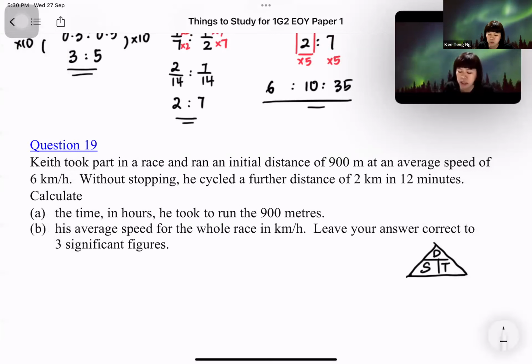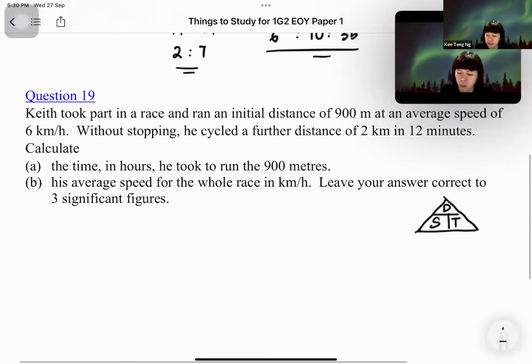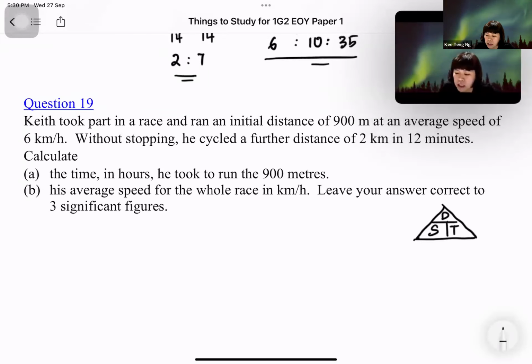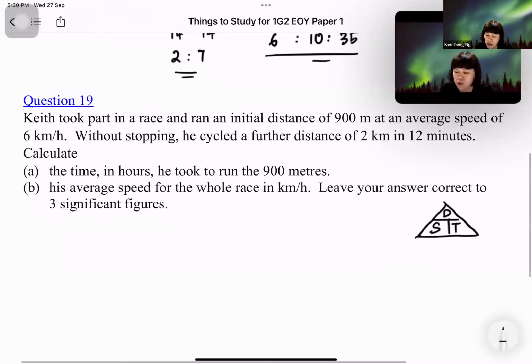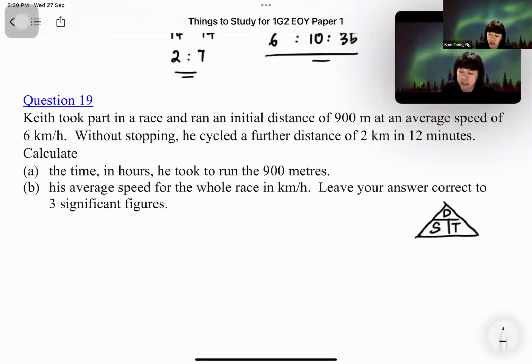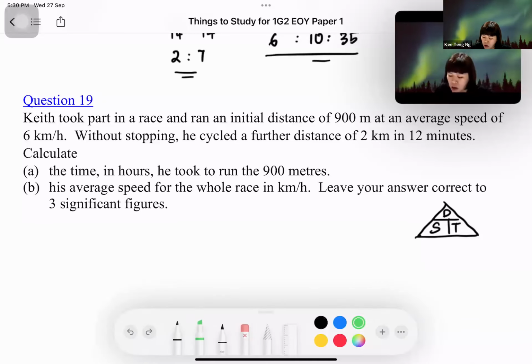In this case, Keith took part in a race and ran an initial distance of 900 meters at 6 kilometers per hour. Without stopping, he cycled a further 12 kilometers in 12 minutes. Alamak, you notice all the units here are different. Headache.